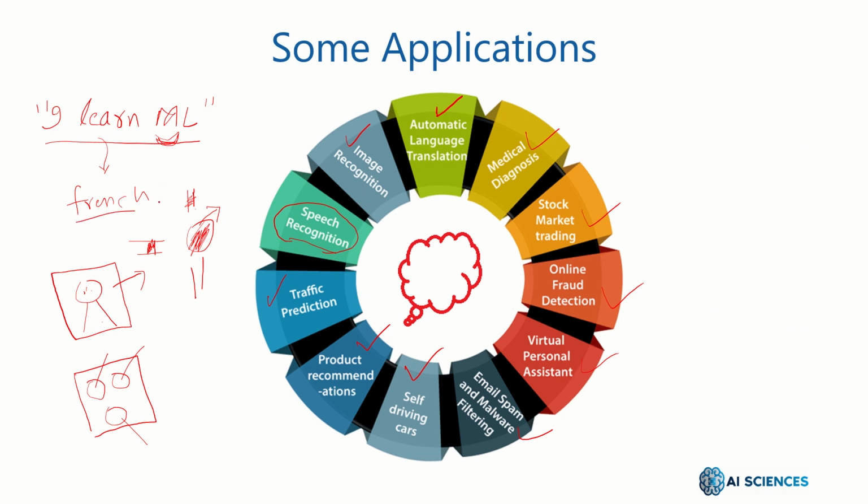To build an image recognition system, you need a lot of labeled and pre-processed images. To get a speech recognition model, you need a lot of audio signals and their corresponding text. So you need a lot of data to build these models to perform very well.